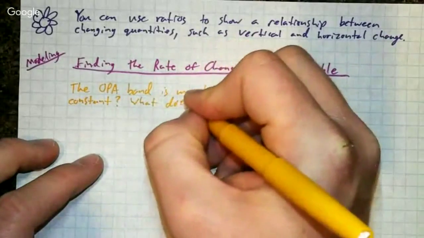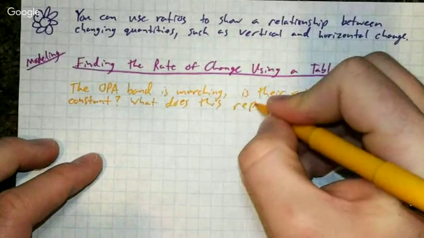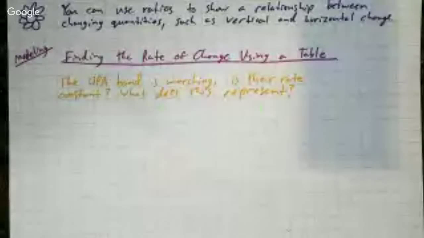What does this represent? So we're looking for two things, whether or not the rate they have is constant, and once we find that, what does that rate represent?